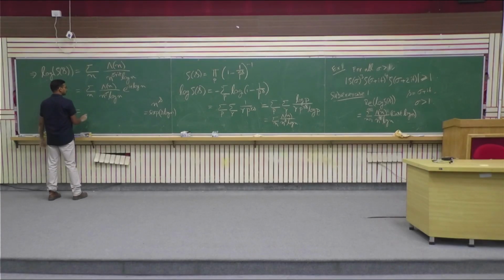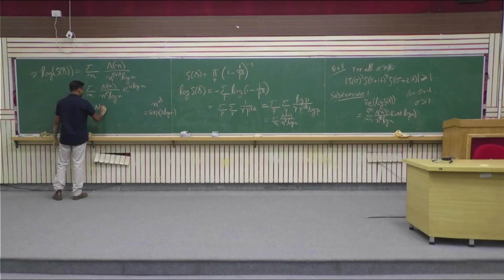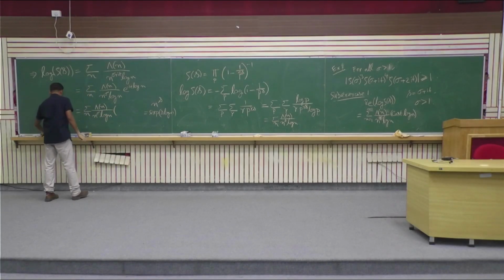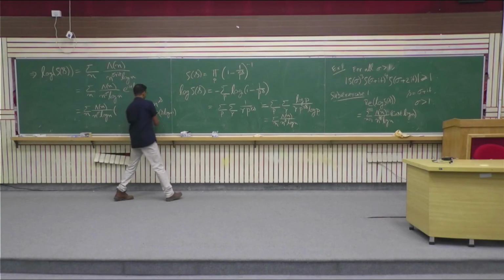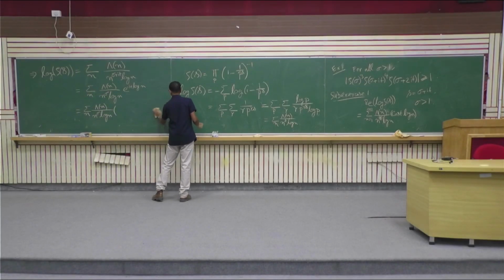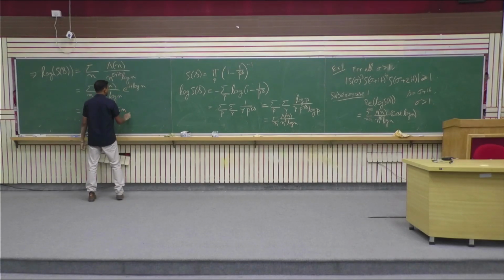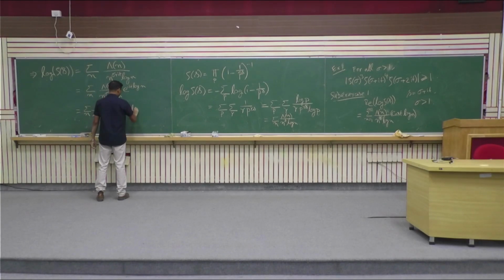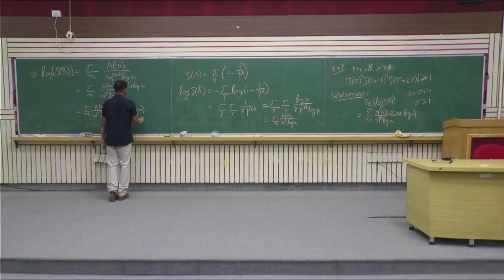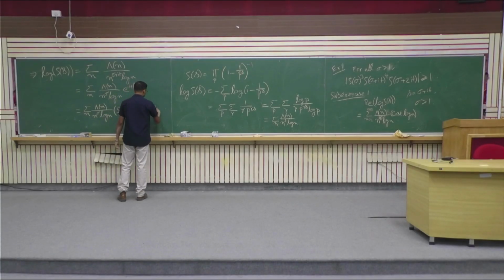So this one is the summation over n of lambda n by n power sigma, log n times sine of t log n minus I cos t log n.